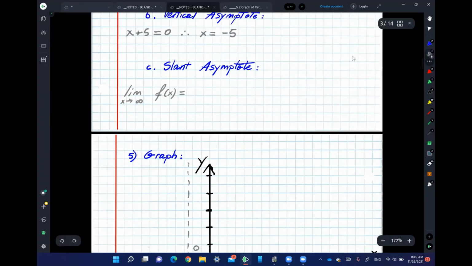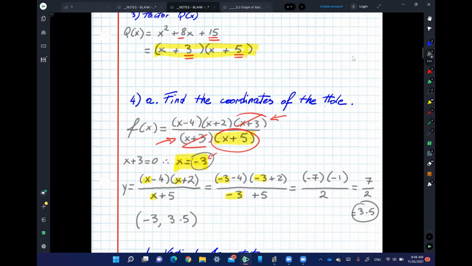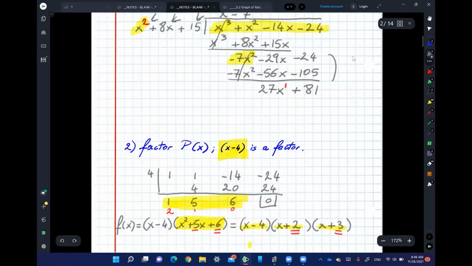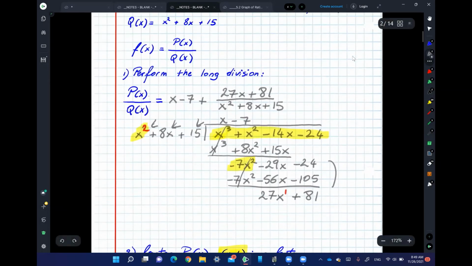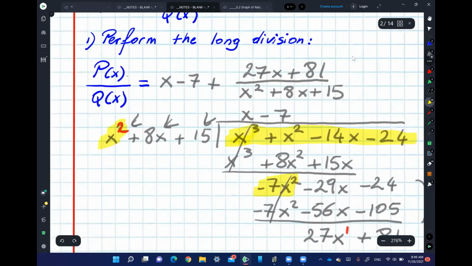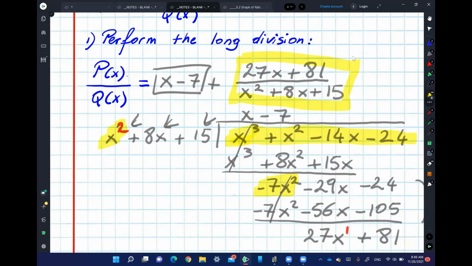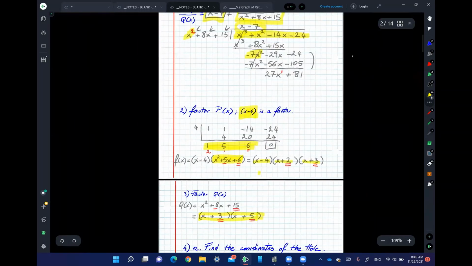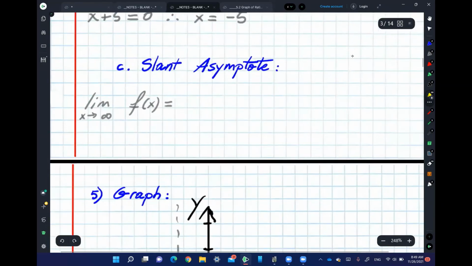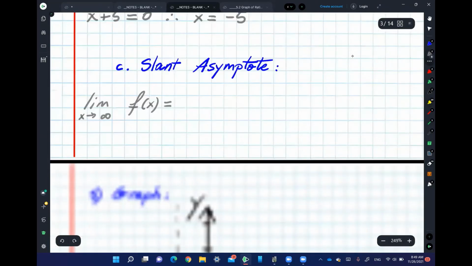And this is nothing more, if you go back to the long division that you did in the very beginning, it is just the quotient right here. Because the remainder divided by the divisor will approach 0. And I am left with x minus 7 right here. So the slant asymptote is x minus 7.